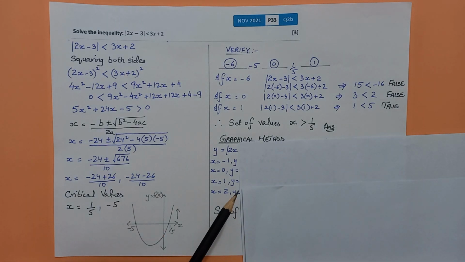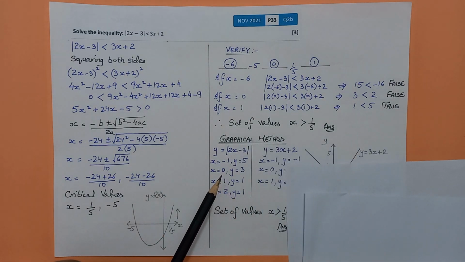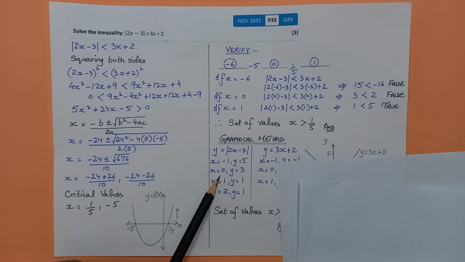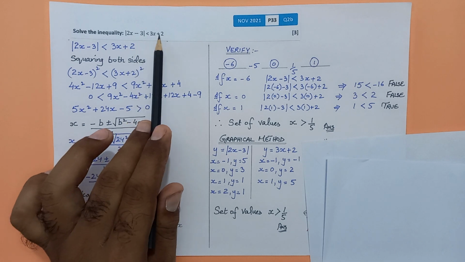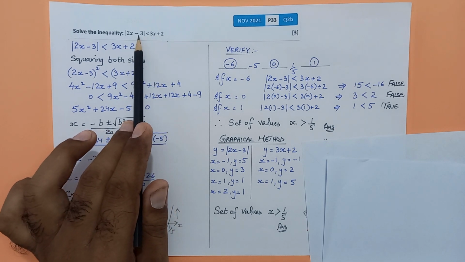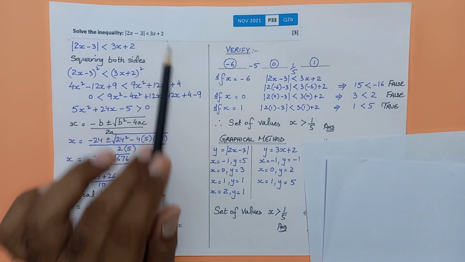If we go for the graphical method, using the same condition, we know that we have two different linear equations. One is a modulus linear equation and one is a simple linear equation.